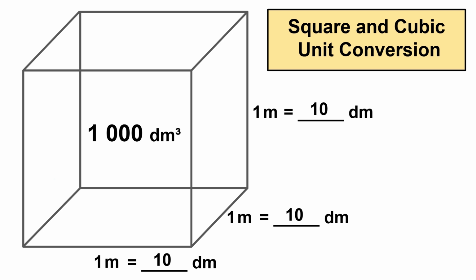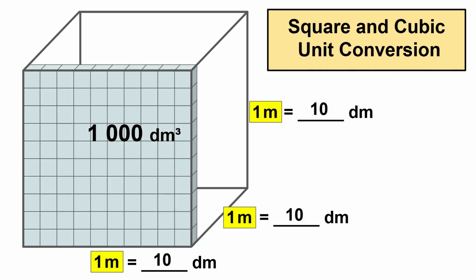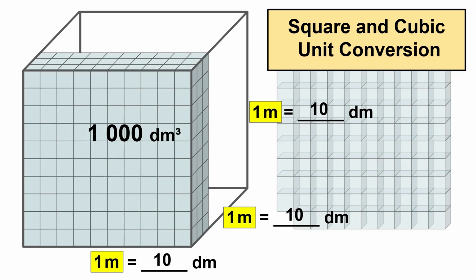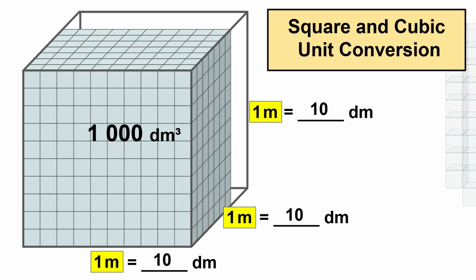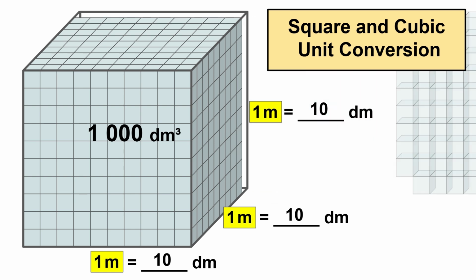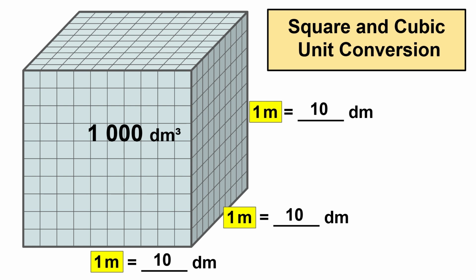So this means that a cube that is 1 meter by 1 meter by 1 meter contains a total of 100, 200, 300, 400, 500, 600, 700, 800, 900, 1000 cubes that are each 1 decimeter cube. And this is why, when converting cubic units, we multiply or divide by a power of 1000, because the volume depends on the length, width, and height.